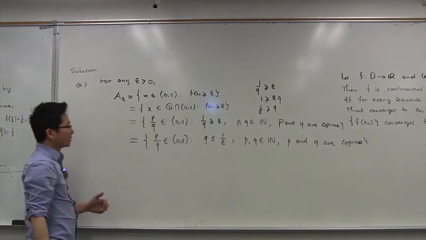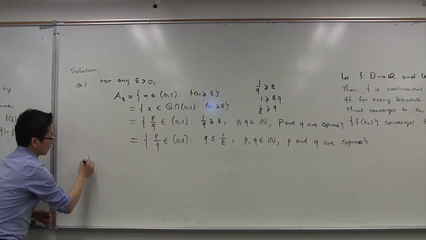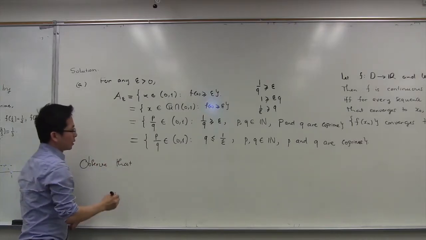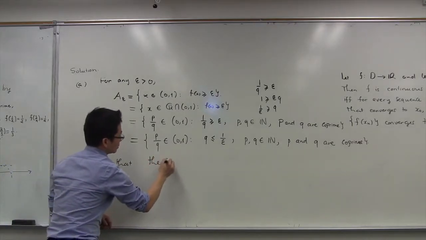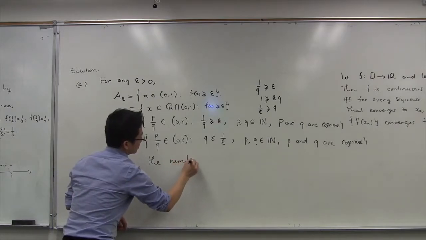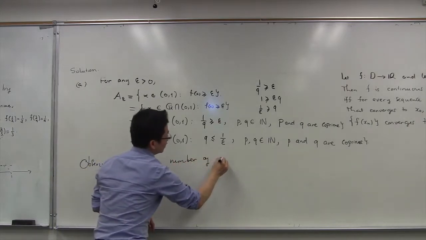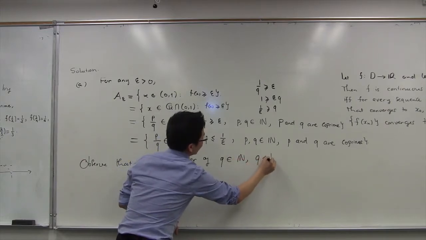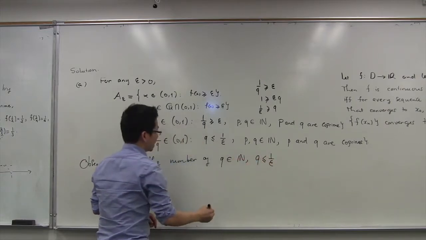Right? And observe that the number of q in N and q is less than or equal to 1 over epsilon is finite.